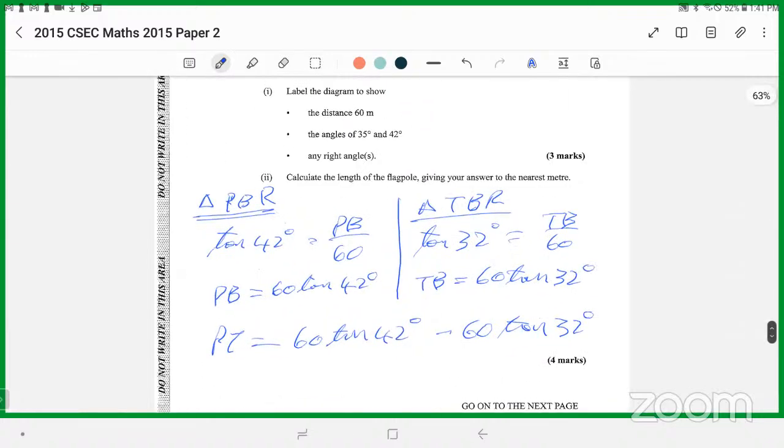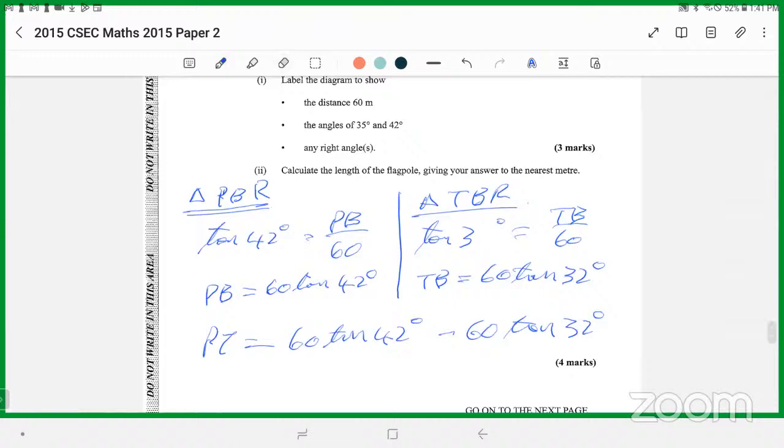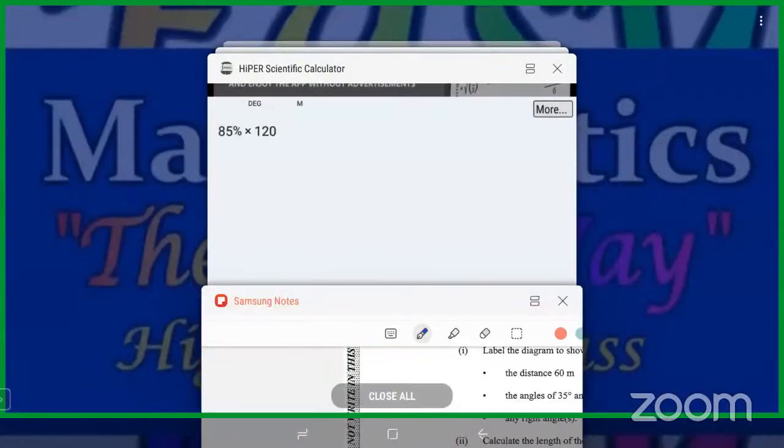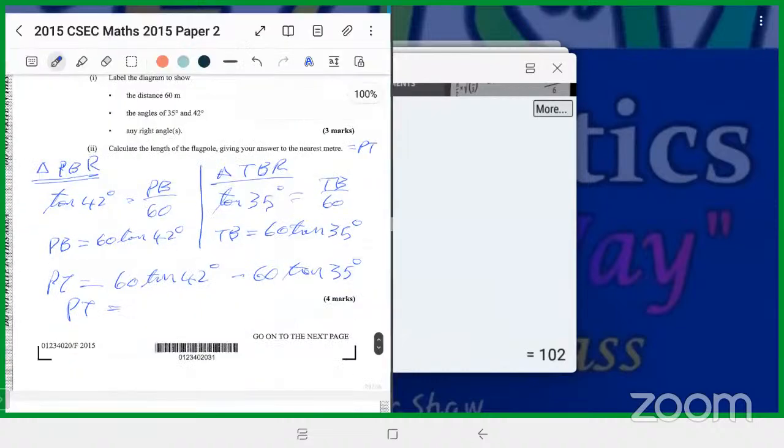The angle is 35, it is not 32. You guys are still waiting for the class to end. That's what we're working out, the height of the flagpole PT. So we calculate PT, that is it: 60 tan 42 minus 60 tan 35.